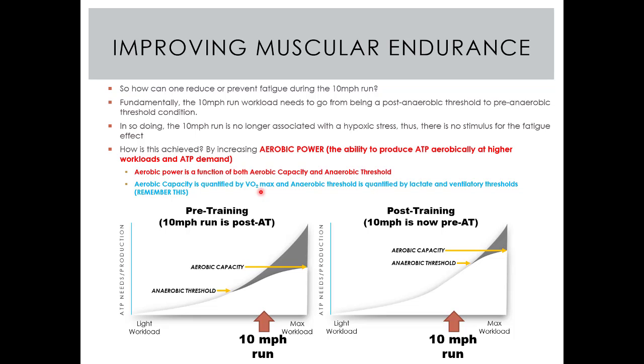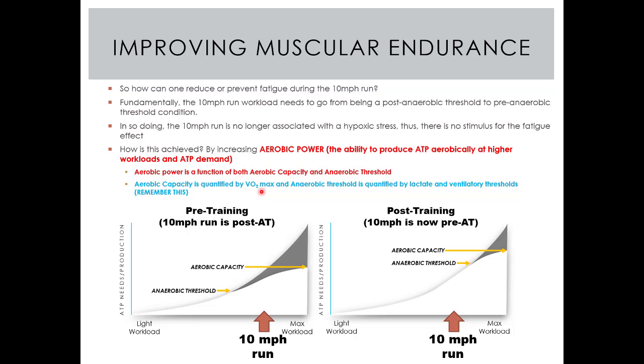It should make sense to you that the maximum oxygen consumption rate quantifies the maximum ATP producing power of the aerobic system, since again, the aerobic system's ability to produce ATP is completely dependent on the rate of oxygen consumption and thus availability.